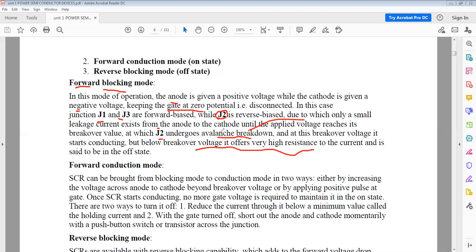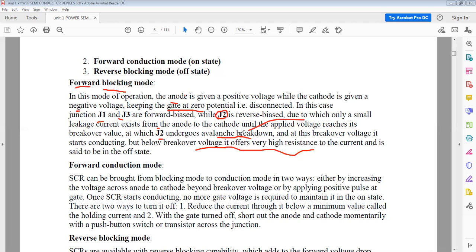J1 and J3 are forward biased, but J2 is reverse biased, due to which only a small leakage current exists from anode to cathode until the applied voltage reaches the breakover value. J2 undergoes avalanche breakdown. At this breakover voltage, it starts conducting, but below the breakover voltage it offers very high resistance, acting as an open switch. This is about forward blocking mode.